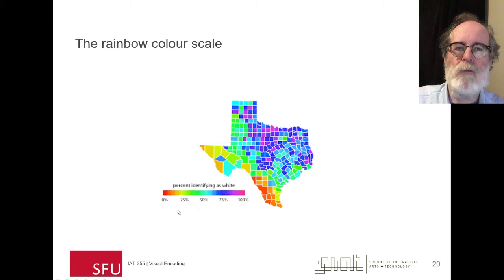Here in this depiction of the state of Texas, we have the range of colors going from a high wavelength of red down to a low wavelength of purple. And it goes red, orange, yellow, green, blue, indigo, violet, although this seems more towards red in this particular variation.